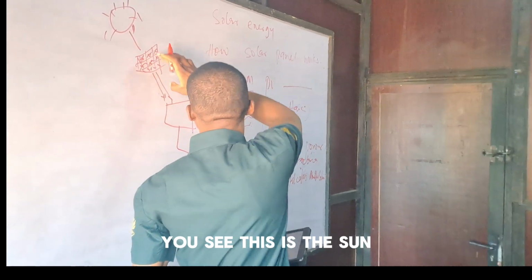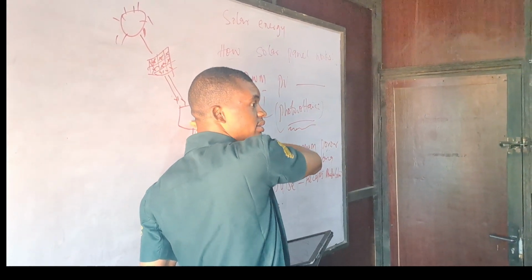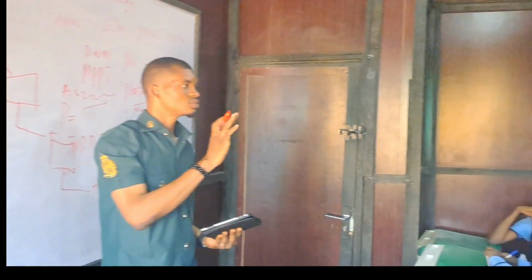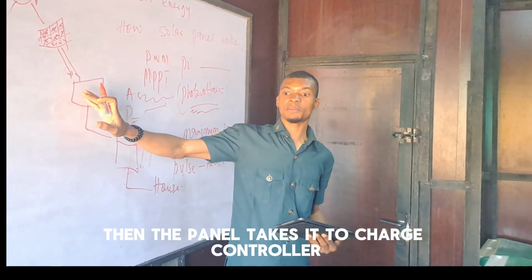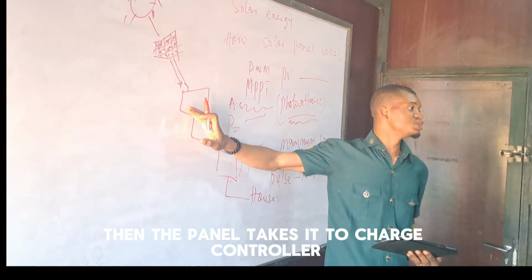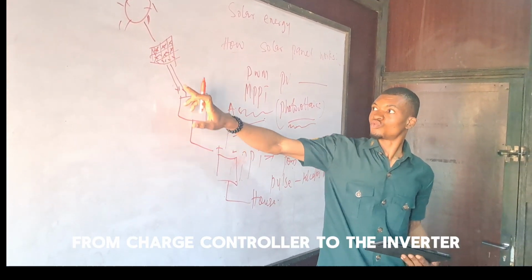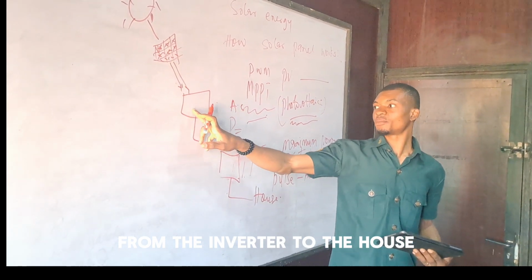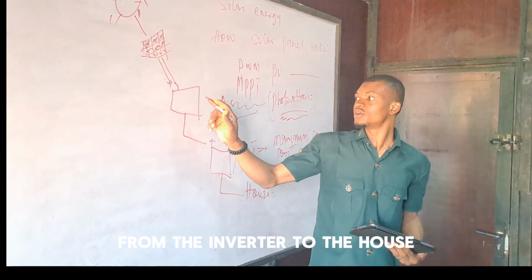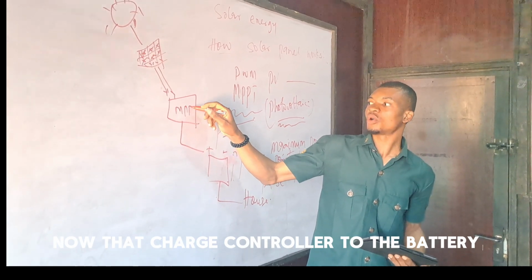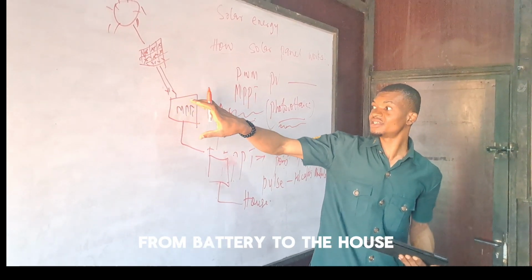You see, this is the sun to the panel. Then the panel takes it to the charge controller, from the charge controller to the inverter, from the inverter to the house. Now, the charge controller also goes to the battery, from the battery to the house.